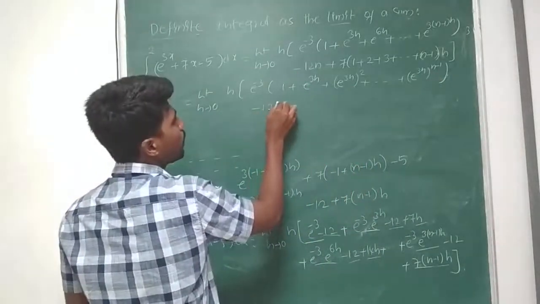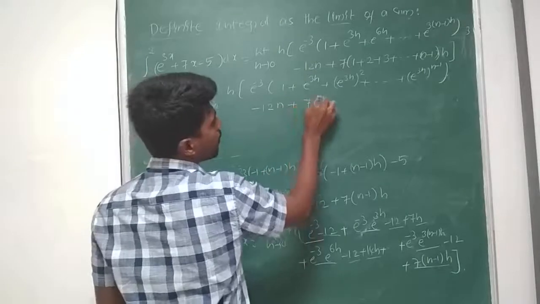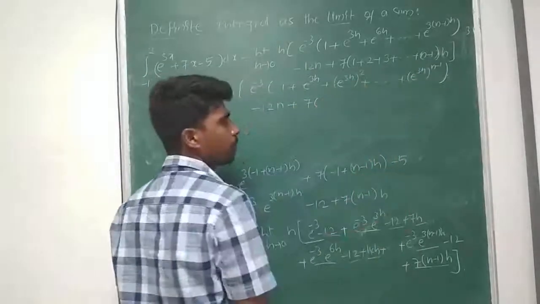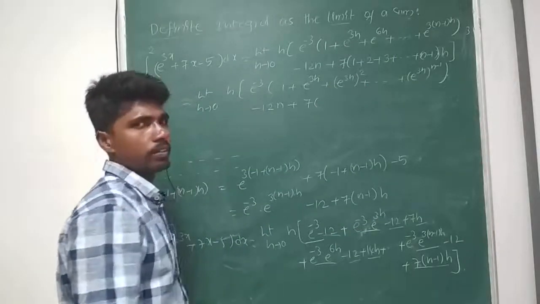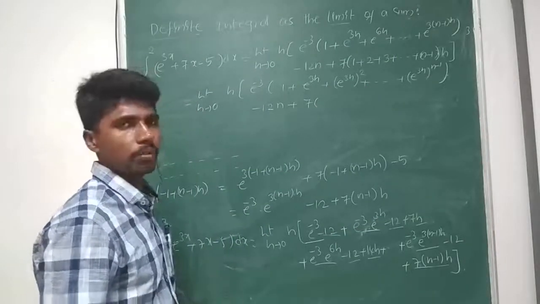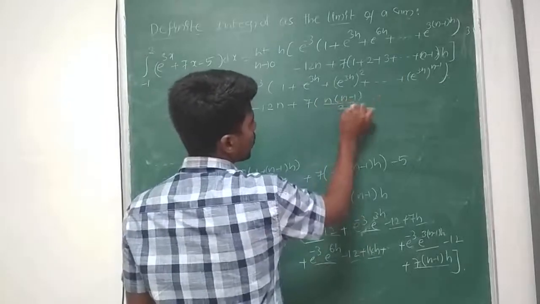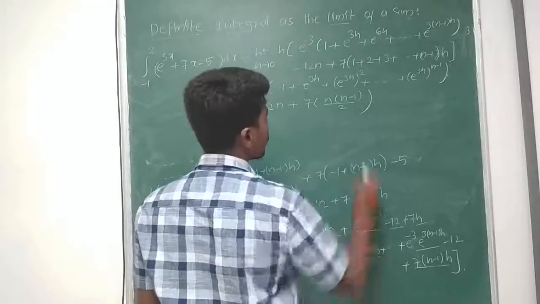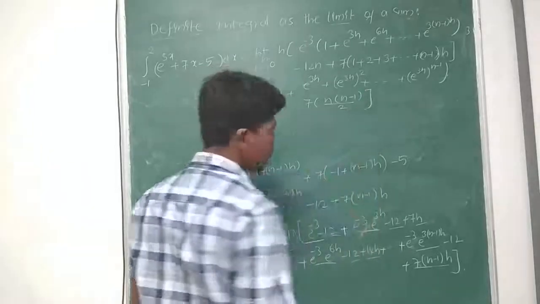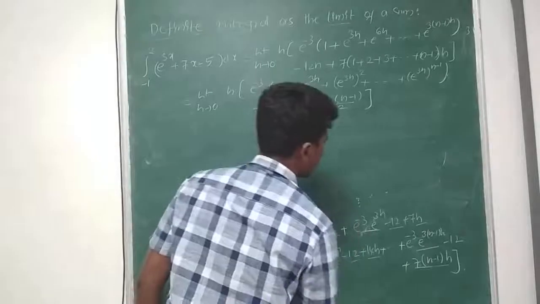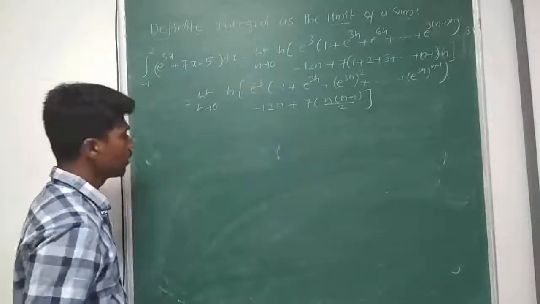Minus 12n plus 7 into 1 plus 2 plus 3 and so on, n minus 1, into h. This is nothing but the sum of n minus 1 natural numbers, so n into n minus 1 by 2. Close the bracket. So now, simplifying and substituting the formulas.